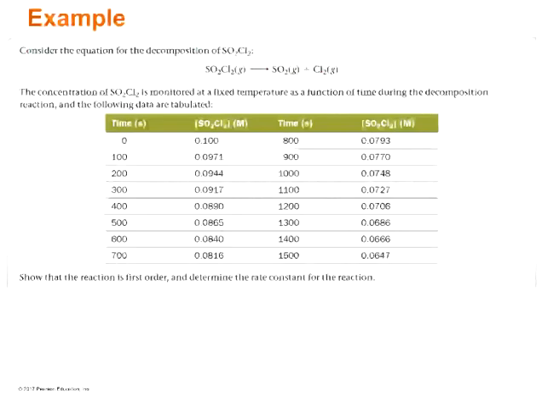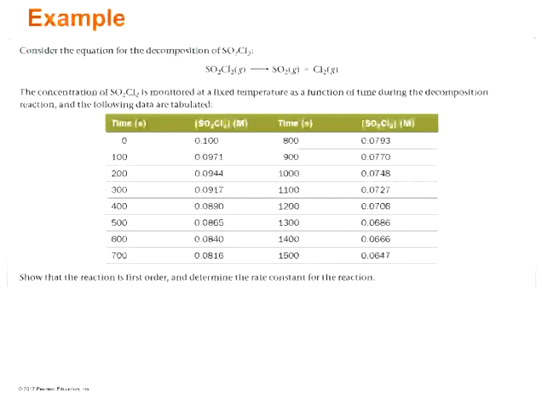All right, so let's go over an example. So let's consider the equation for the decomposition of SO2Cl2. So the concentration of SO2Cl2 is monitored at a fixed temperature as a function of time during the decomposition reaction, and the following data are tabulated.